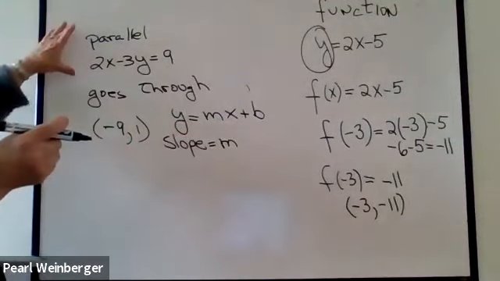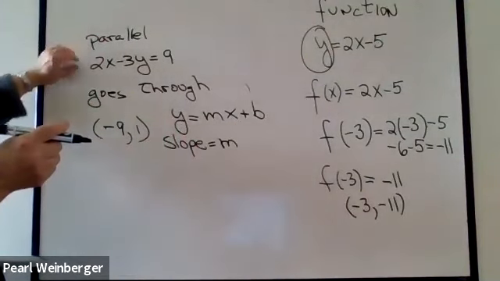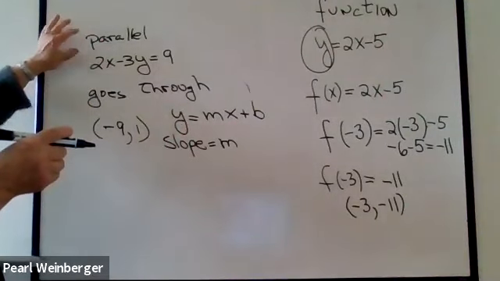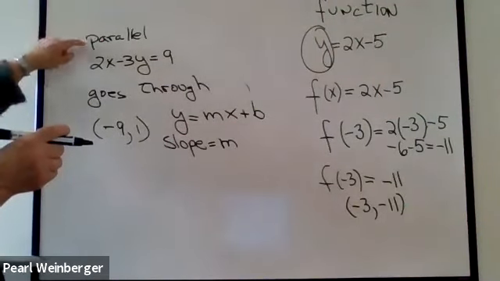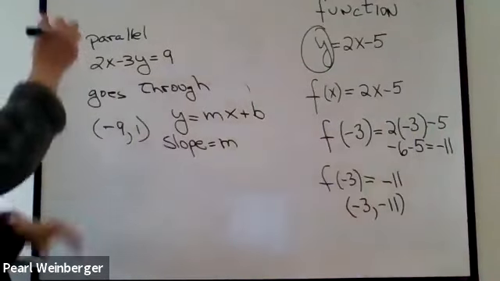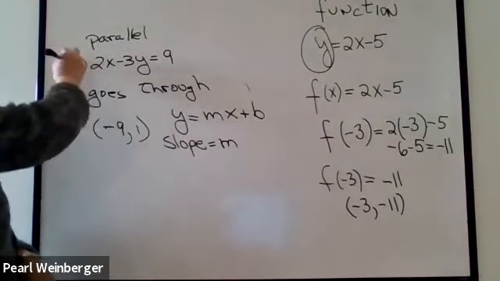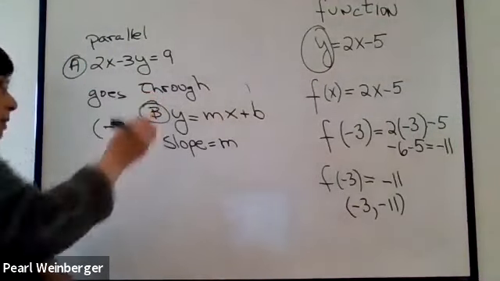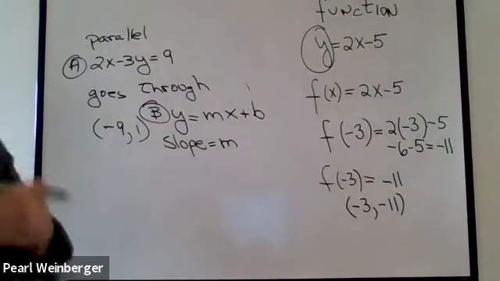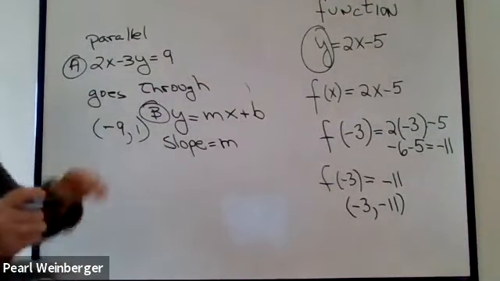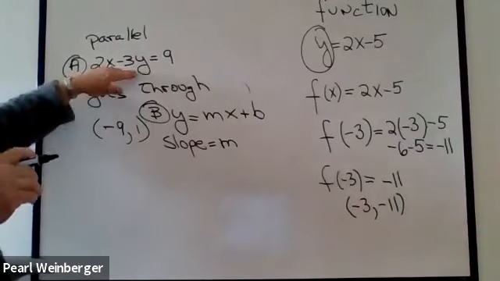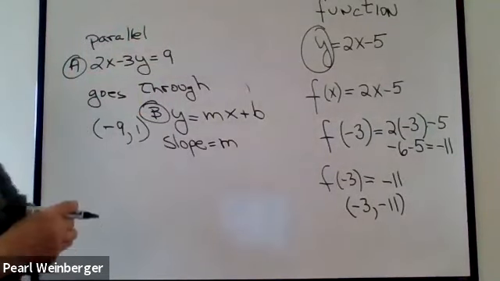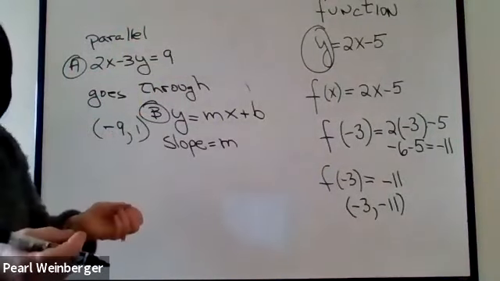I have to look at the original example, and the clue to finding the slope comes from the word that the line is parallel to this line. Let's call this line A. We're writing an equation of a different line. Let's call our line B. The original line is 2x minus 3y equals 9, and my new line is going to be parallel. Well, I know parallel lines have the same slope.